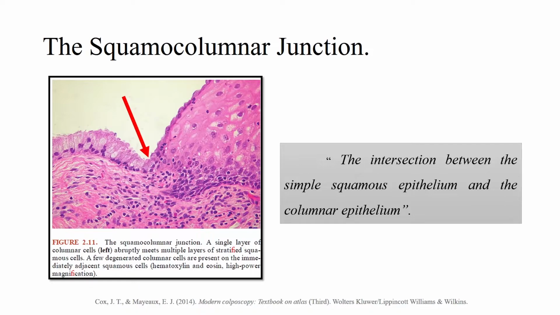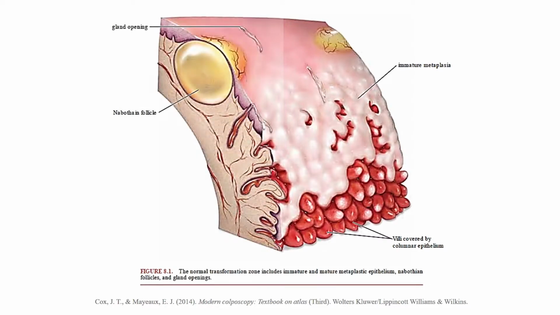In one third of the population, this transition is abrupt, but in the rest of the population, the transition is smooth. In this graph, we can see the columnar epithelium, something called metaplasia that we're going to talk about later, and then the squamous epithelium.